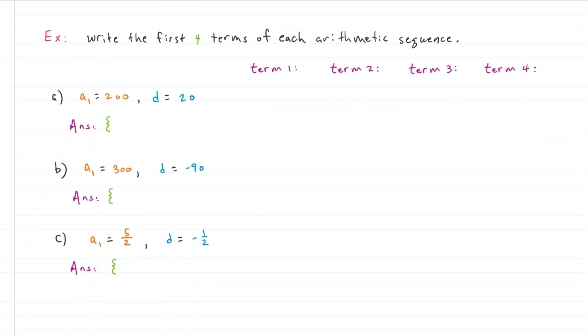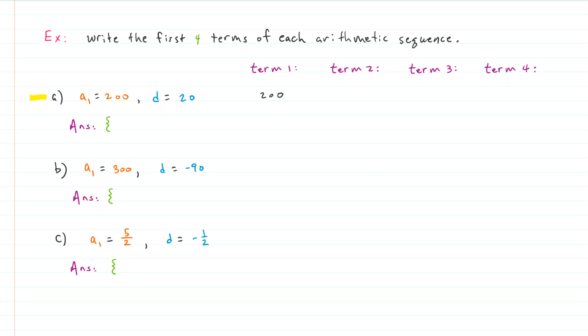If we needed to write the first 4 terms of these arithmetic sequences, we've got 3 options here and a space for term 1, term 2, term 3, and term 4. For A, the first term is 200. So I can just write that out. Term 1 is 200. Now, the difference is 20.